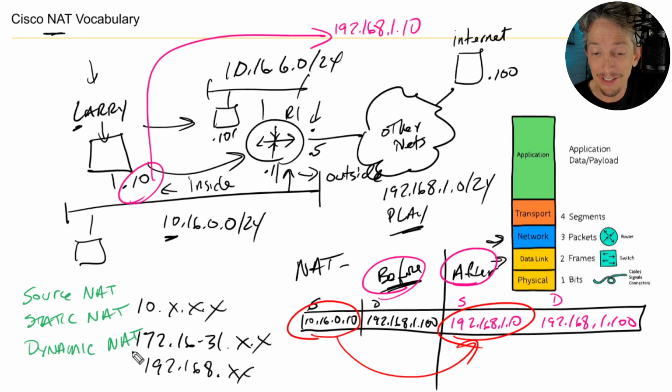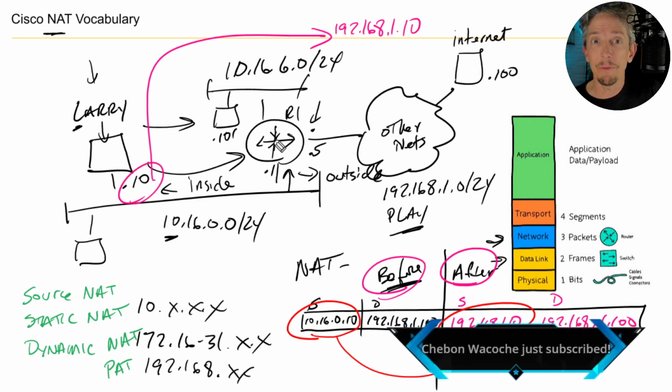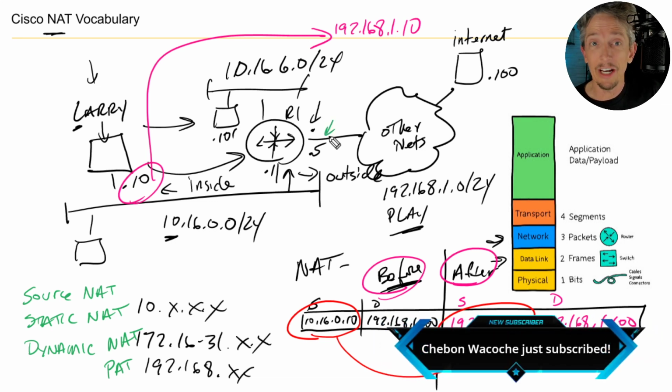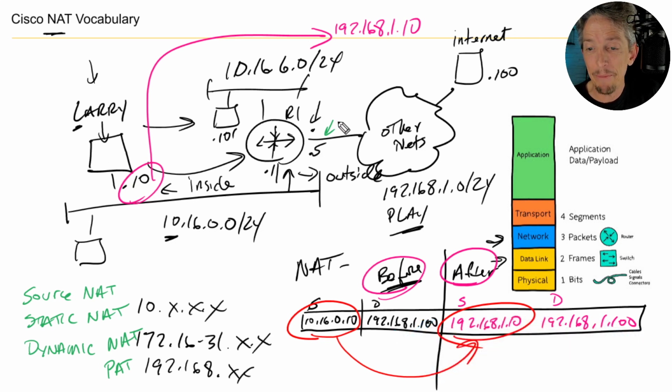There are also the options for overloading, which we talked about, which basically means we could tell the router, hey, listen, you don't have any IP addresses on the internet to spare. You've got this one IP address on your outside interface. Just use that. Based on the rules, it'll take all the traffic going through it and map it to that one IP address. To track all that, it's going to use the port numbers, like for TCP and UDP ports, to keep track of all the sessions.